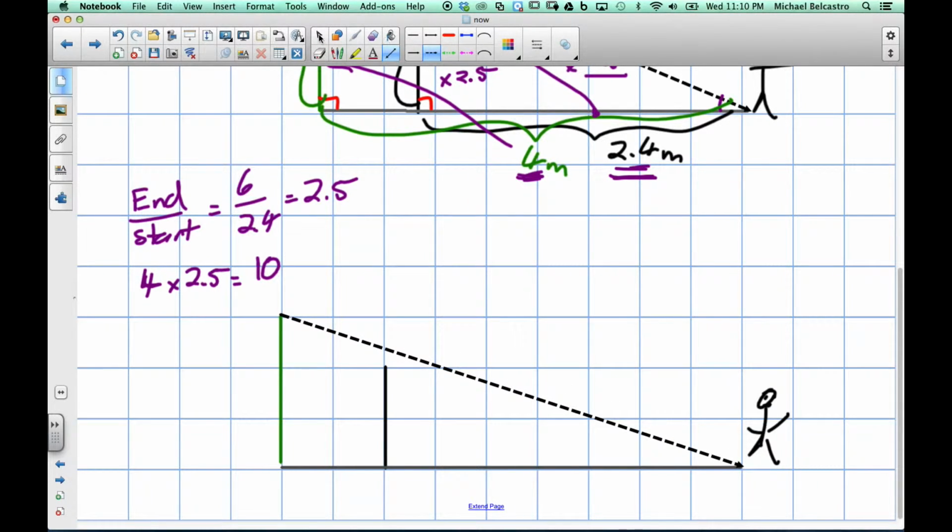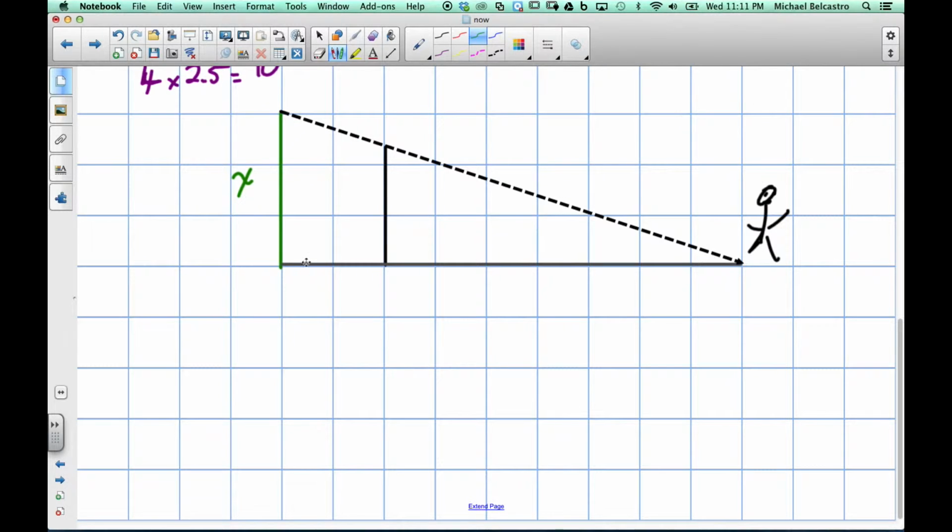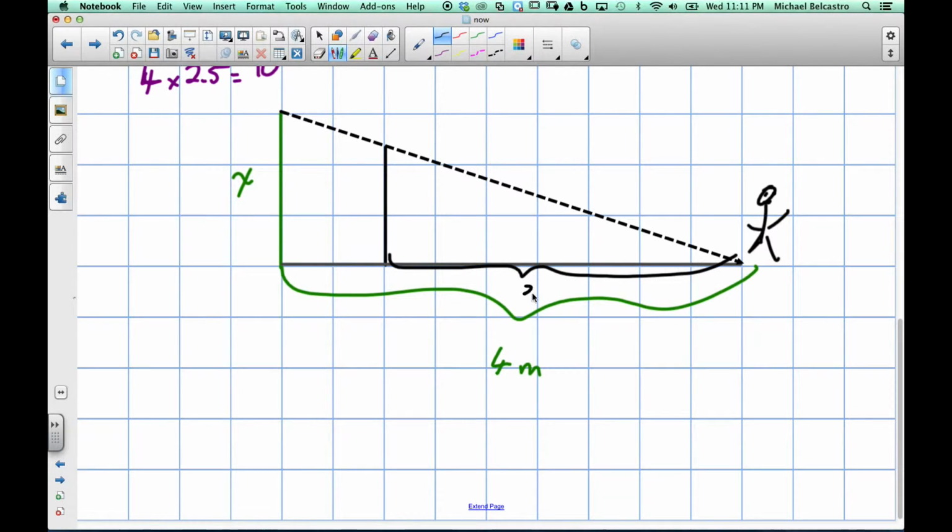Again, here's our flagpole, here's our tree. Our tree's height is the unknown, but we do know the length of the tree's shadow is 4 meters. And we know the length of the shadow of the flagpole is 2.4 meters. We know the height of the flagpole is 6 meters.